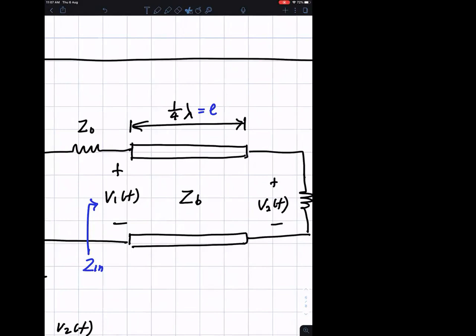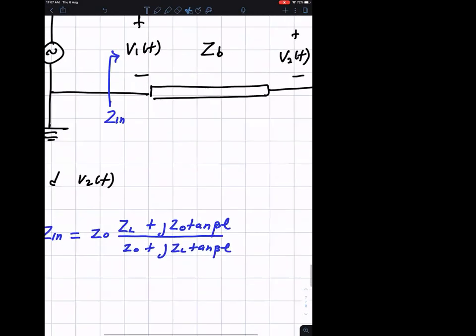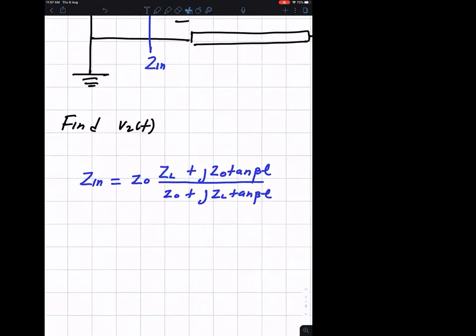Okay, depending on the length of the transmission line, the Z in can be different. When the length is lambda over 4, quarter wavelength, the Z in will be purely real. When the length is lambda over 2, at certain wavelength, it can be a short circuit, open circuit, or it can be a complex impedance.